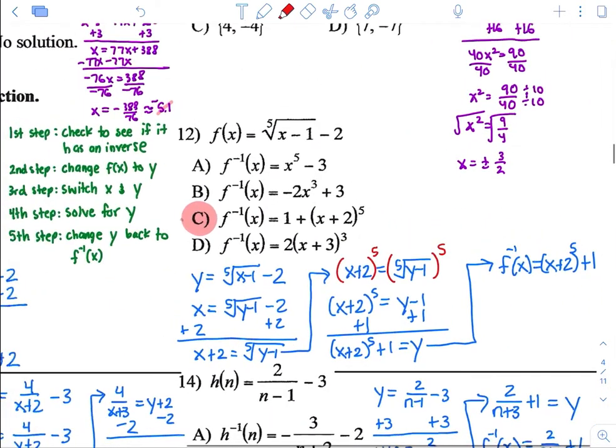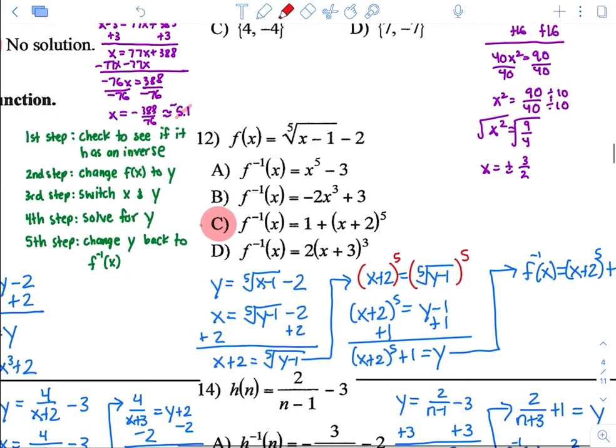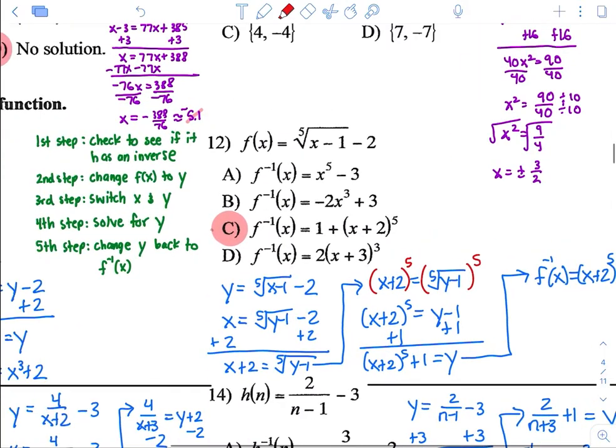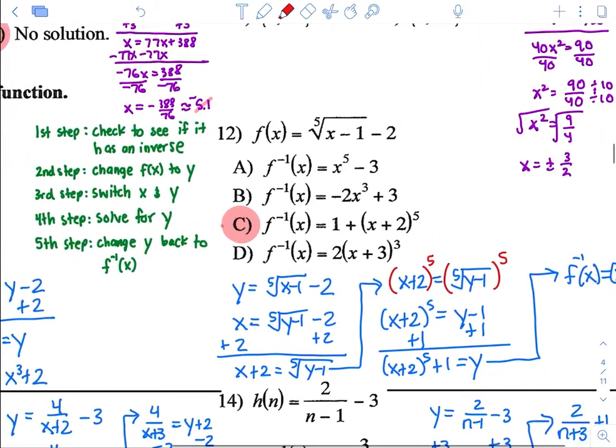Number 12. For number 12, I changed the f to be y right there, and then rewrote that. You switch the x and y variables, so then we get this. Now we have to solve for our new y, so we add 2 to both sides to get this.